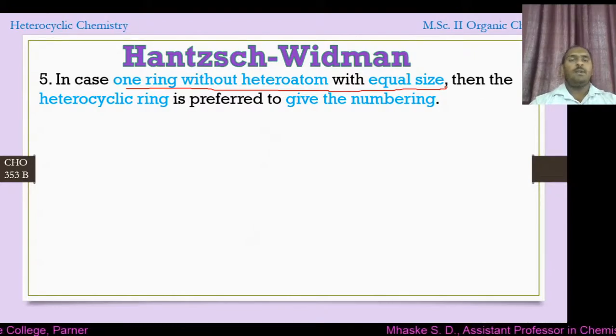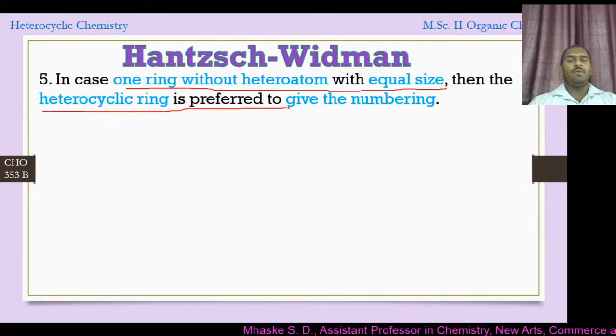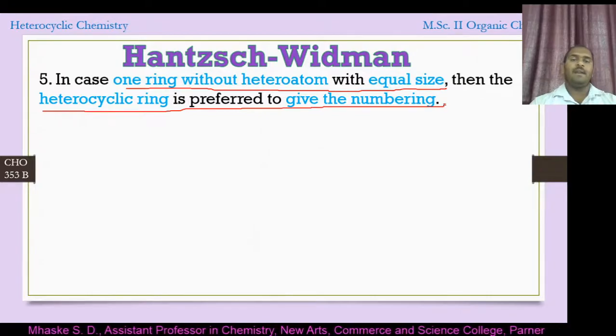Then the heterocyclic ring is preferred for numbering over the carbocyclic ring. So the ring which contains the heteroatom, we have to number first, and then we go for the numbering in a continuous manner.